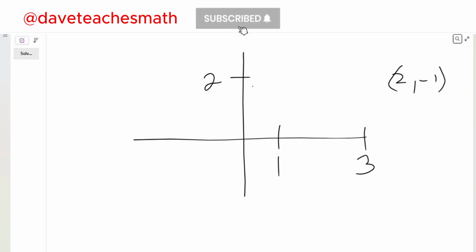So that is going to be somewhere over here. So we have 2 and then we have -1 on the y-axis, so our vertex is going to be somewhere here.